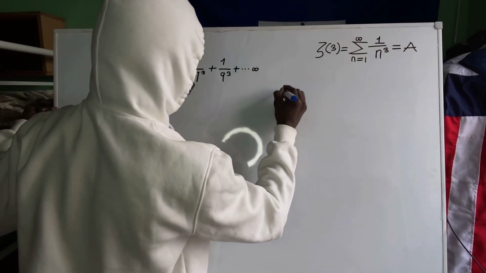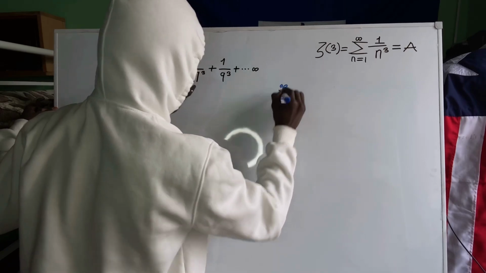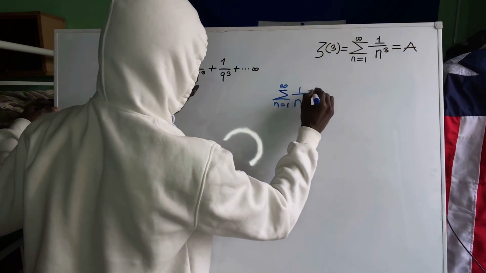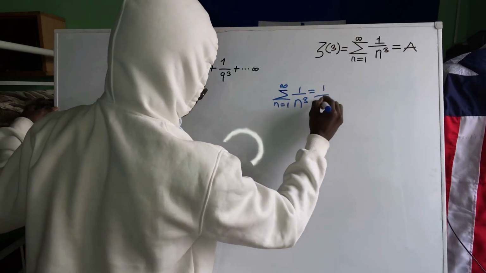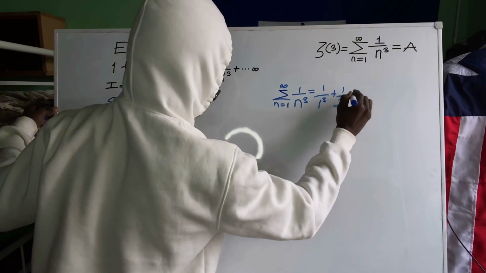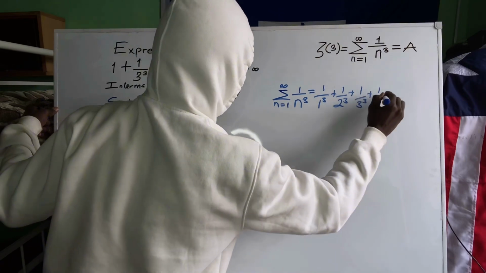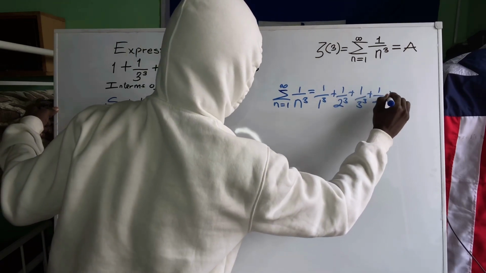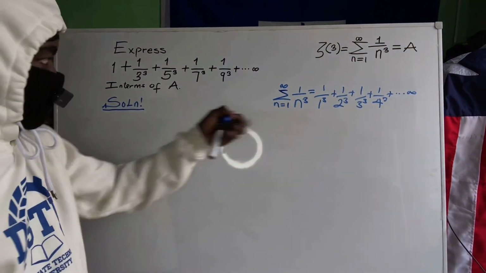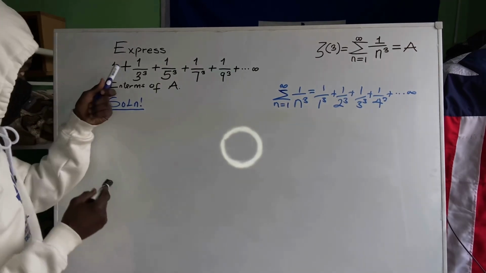So the sum from n is equal to 1 to infinity of 1 over n cube is just equal to 1 over 1 cube plus 1 over 2 cube plus 1 over 3 cube plus 1 over 4 cube plus and so on. How can we express this in terms of this? This is simple, guys. First, let's come to this.